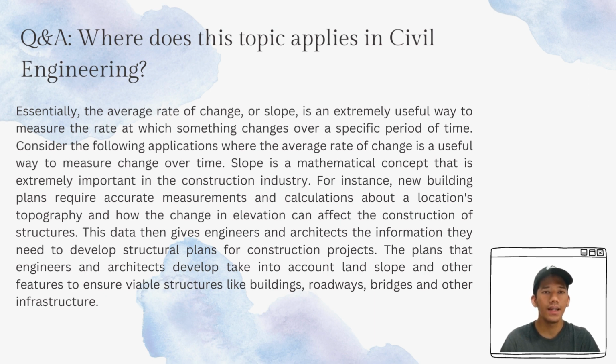The data gives engineers and architects the information they need to develop structural plans for construction projects. The plans that engineers and architects develop take into account land slope and other features to ensure valuable structures like buildings, roadways, bridges, and other infrastructure.